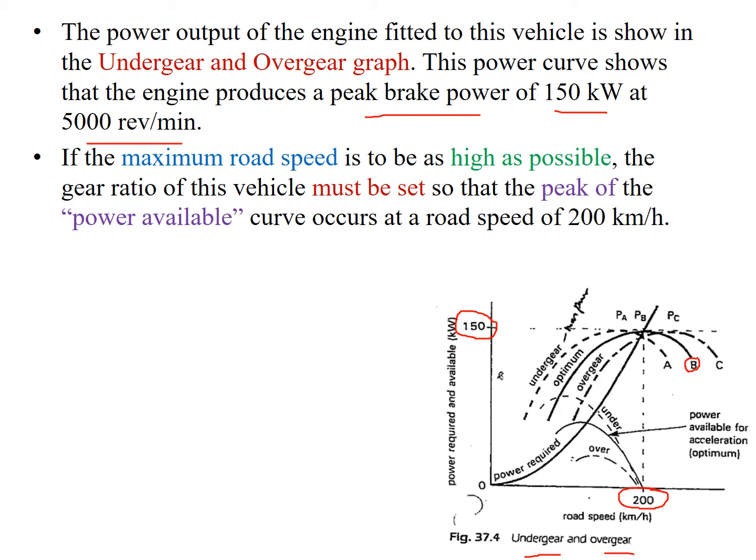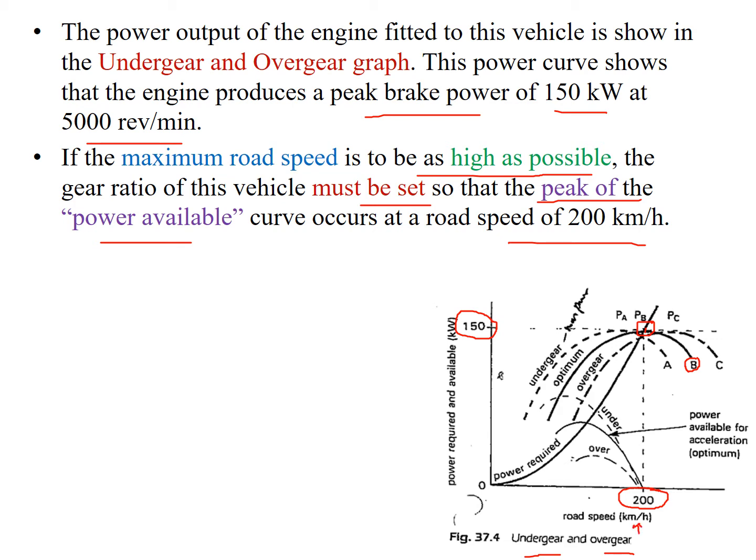If the maximum road speed is to be as high as possible, the gear ratio of this vehicle must be set so that the peak of the power available curve occurs at a road speed of 200 km per hour. So the peak of the curve must be at 200 km per hour.